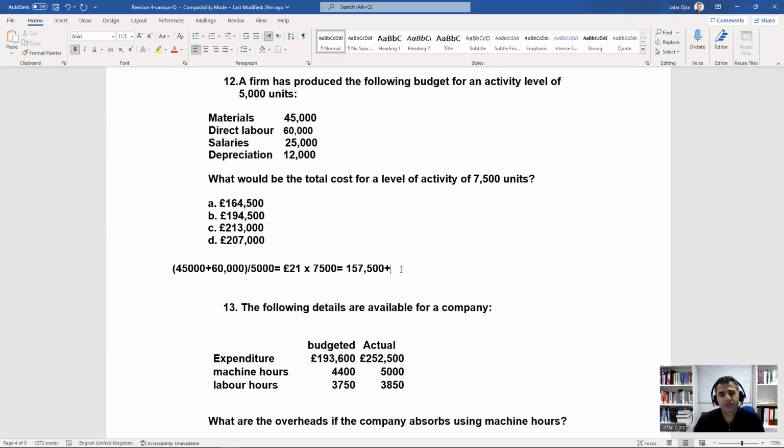Because these fixed costs are the same regardless of whether we produce 5,000 units or 7,500 units. That's 25,000 plus 12,000, which makes 37,000. So 37,000 added makes 194,500.